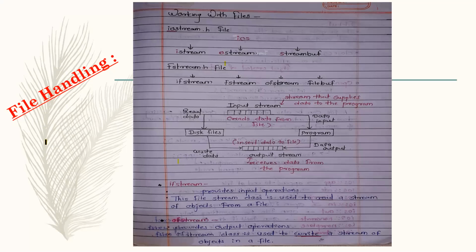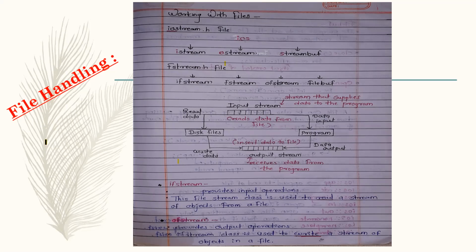Hello students. Next topic is file handling, or working with files in C++. In a C++ program, we use the iostream standard library, which provides cin and cout methods for reading from standard input and writing to standard output respectively.